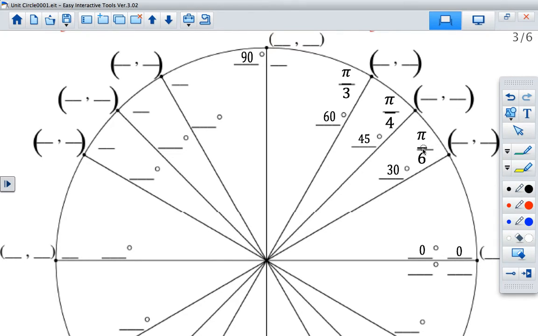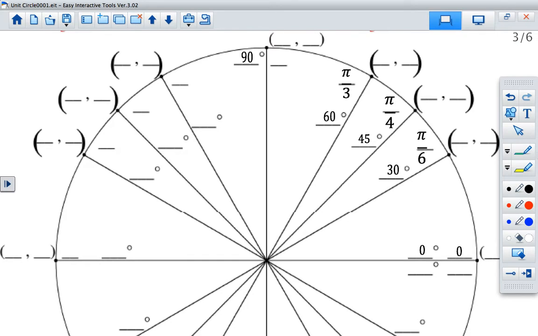And what I want you guys to do, use that line as the fraction line. And so you just have your pi on the top and whatever numbers in the denominator on the bottom. Now, I do realize that on some of these, as you go around, you will have numbers in the numerator and the denominator. Okay, so let me just tell you how the unit circle is broken up.